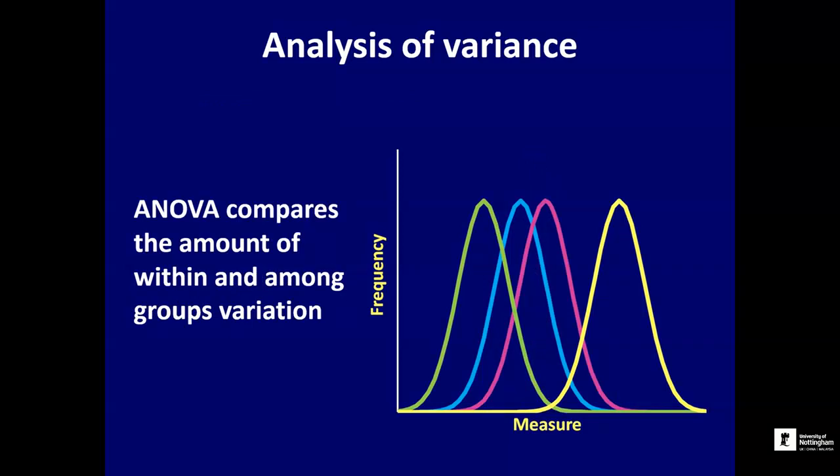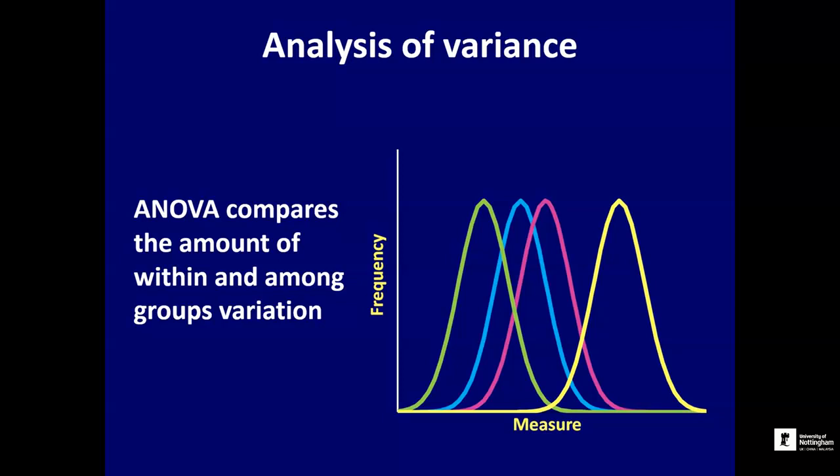So analysis of variance uses the principle that we have these 2 types of variation in order to ask the question, is the amount of variation we see among groups greater than we'd expect at random, given the variation that we see within groups? Because we know the variation we see within groups is the kind of random variation from one individual to another.